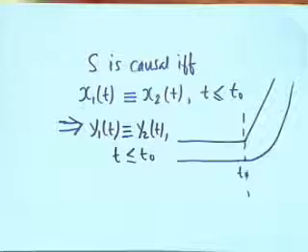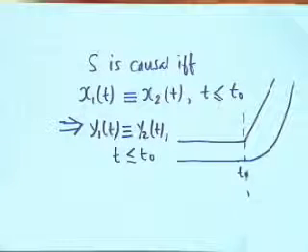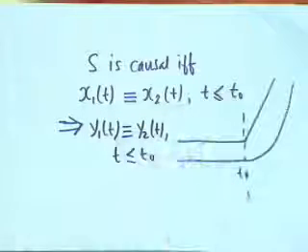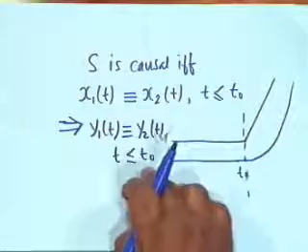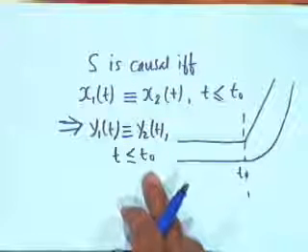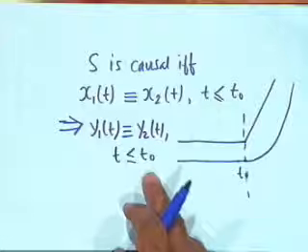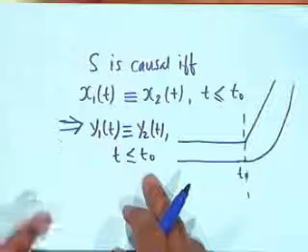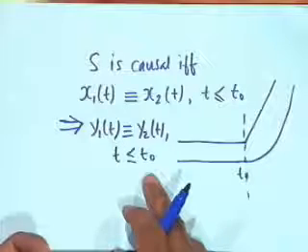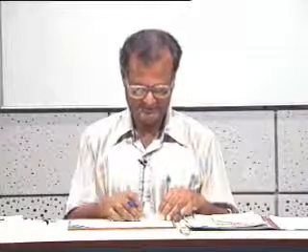It says that if you have two inputs applied separately, one is x1, the other is x2, which are identical for t less than or equal to t0, then for t less than or equal to t0 the corresponding outputs must also be identical. They cannot be different. This is the formal definition of causality, and in testing one sometimes has to take recourse to the definition, and that's why you should remember this definition.